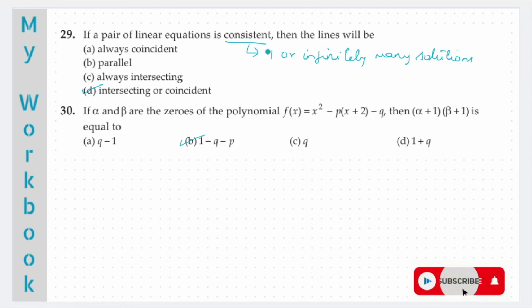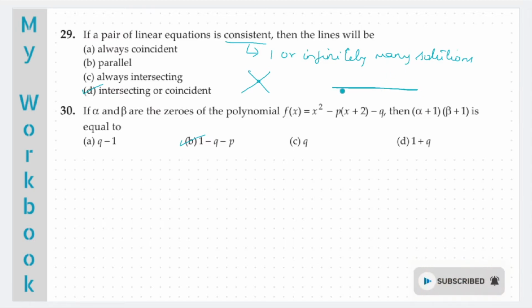So whenever it has one or infinitely many solutions, we call them a consistent pair. So if there is one solution, then the lines will intersect at only one point. And if there are infinitely many solutions, the lines will be coincident. This is also called dependent lines. So each point is a solution. That is why we get infinitely many solutions.